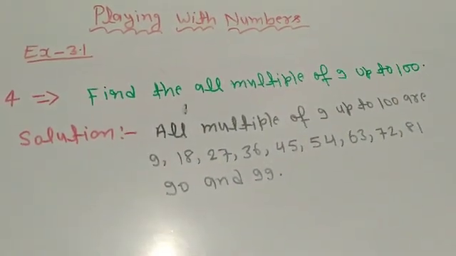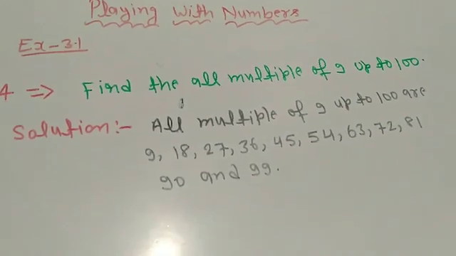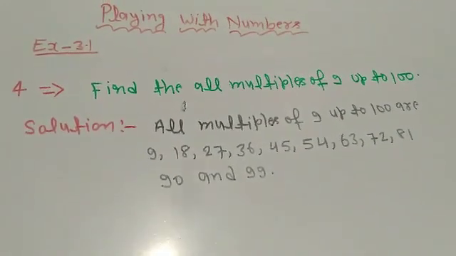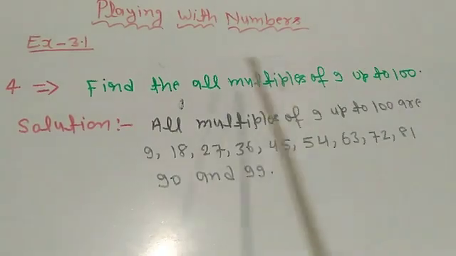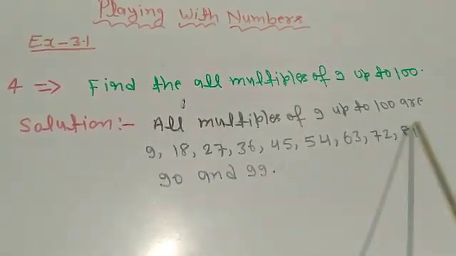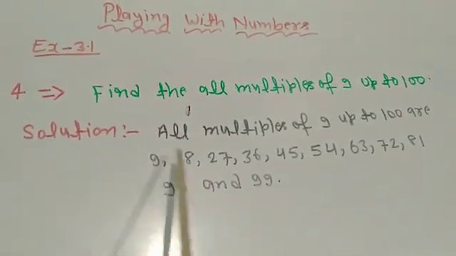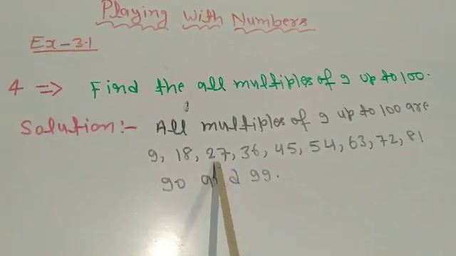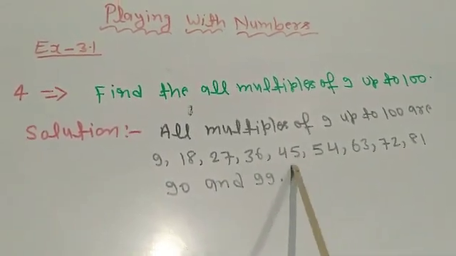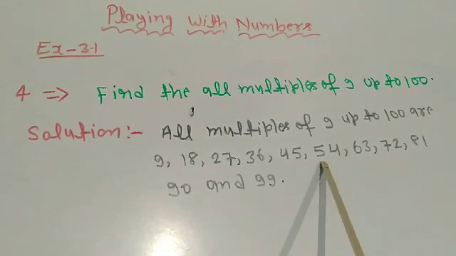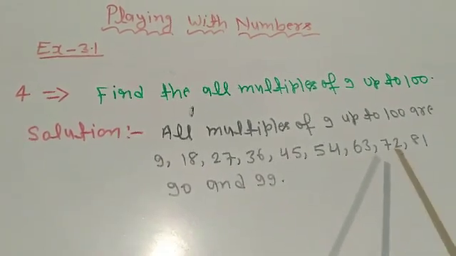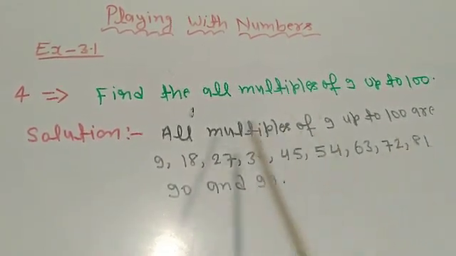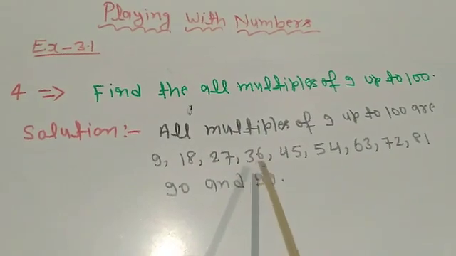Okay, so all multiples of 9 up to 100 are 9, 18, 27, 36, 45, 54, 63, 72, 81, 90 and 99.